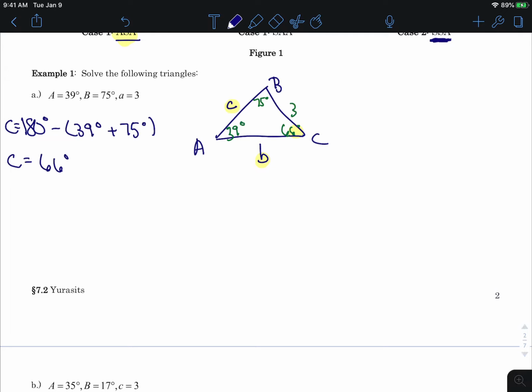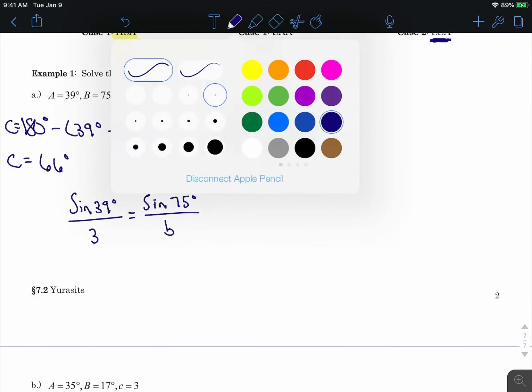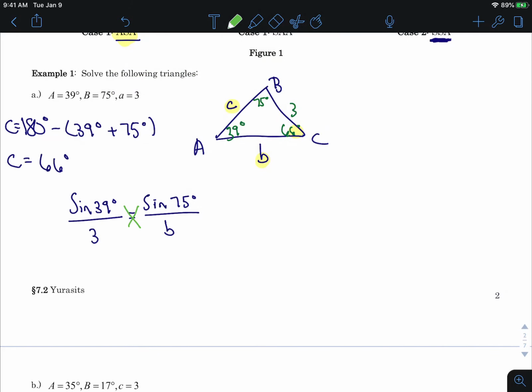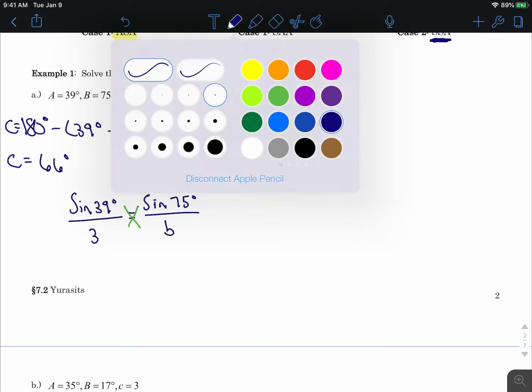All right, so I'm going to do now sine of 39 degrees over 3 equals, well, it doesn't matter, but I'll do b first, sine of 75 degrees over little b. And since we have 2 proportions equal to each other, we can cross multiply to solve.